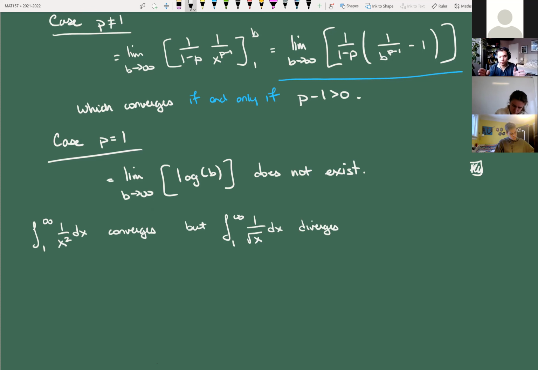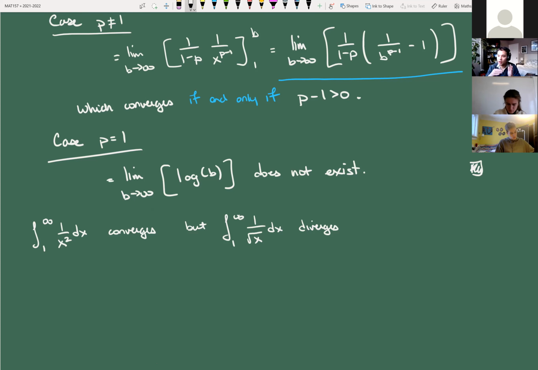So even 1 over root x is going to 0, if this thing has a horizontal asymptote in the limit as x goes to infinity. 1 over the square root of x goes to 0, right? But it doesn't go to 0 fast enough. It goes to 0 so slowly that it actually does snowball, and it does begin to pick up an infinite amount of area. It goes to 0 really slowly, but it does pick it up.